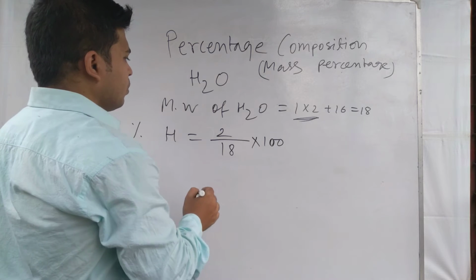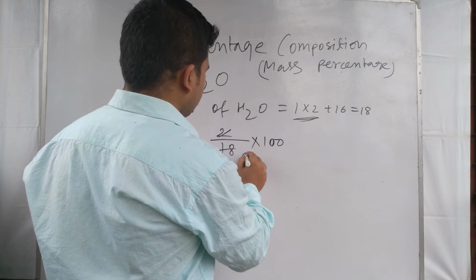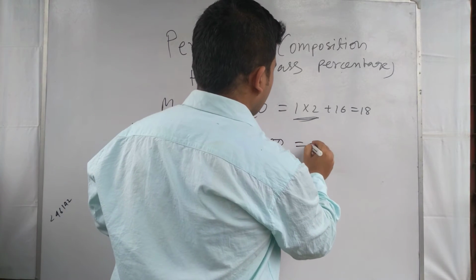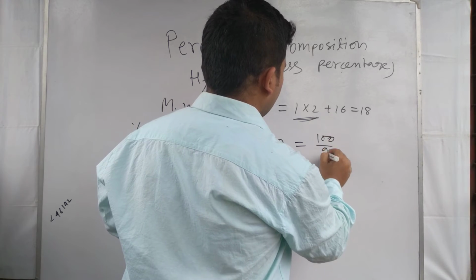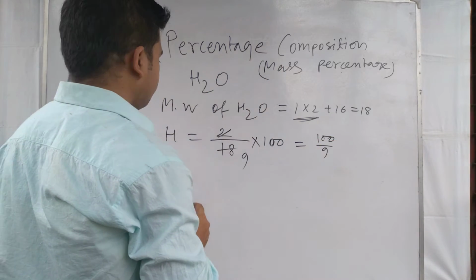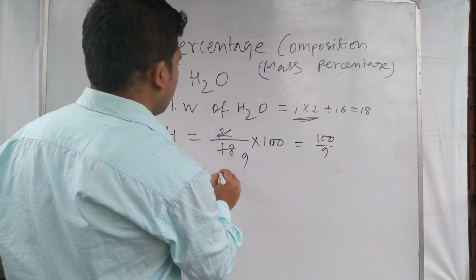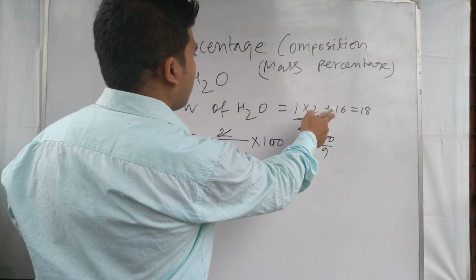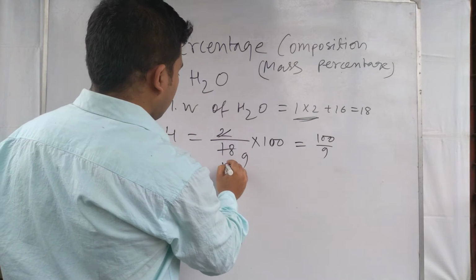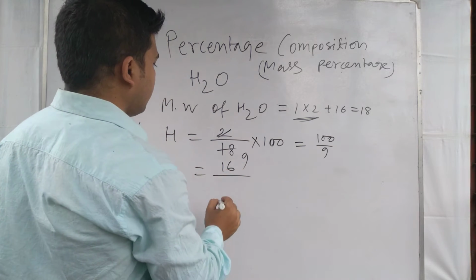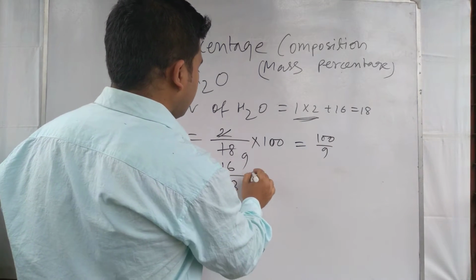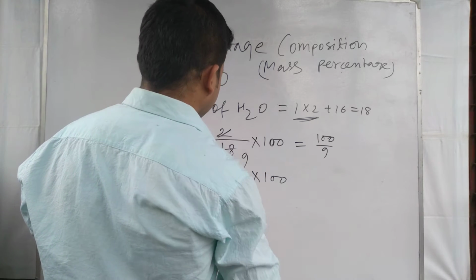For the percentage of oxygen, the oxygen amount in water is 16 gram divided by 18 gram into 100.